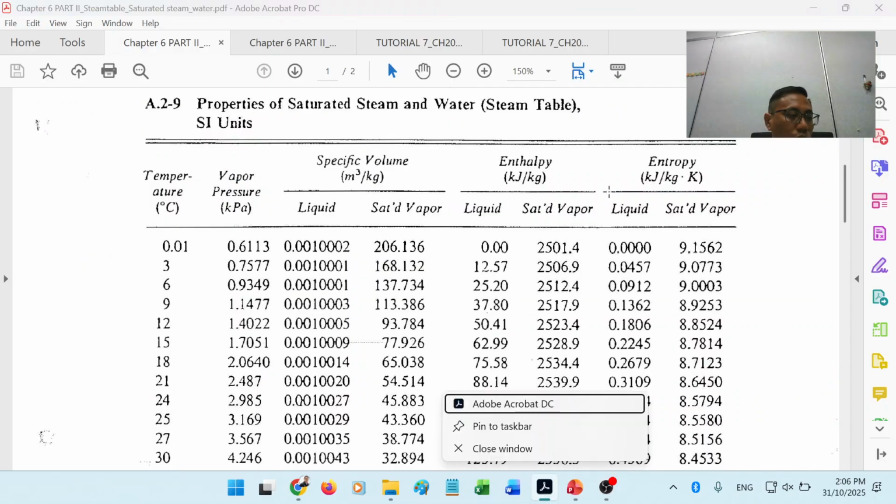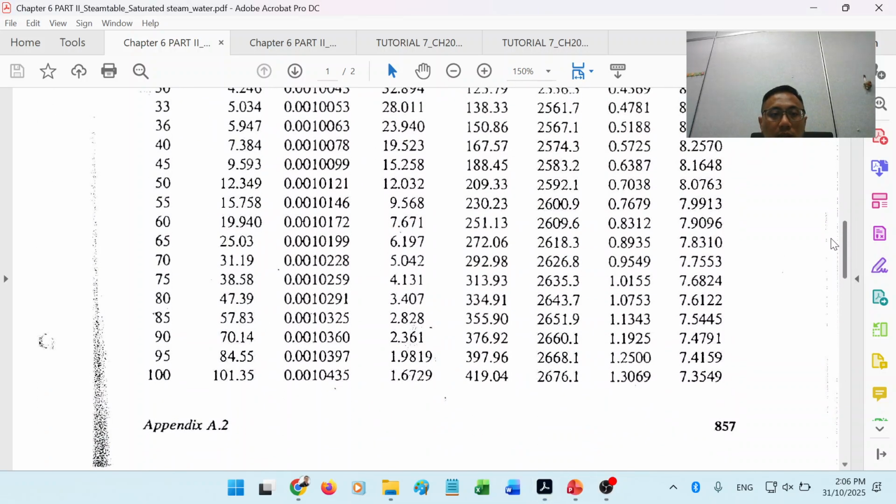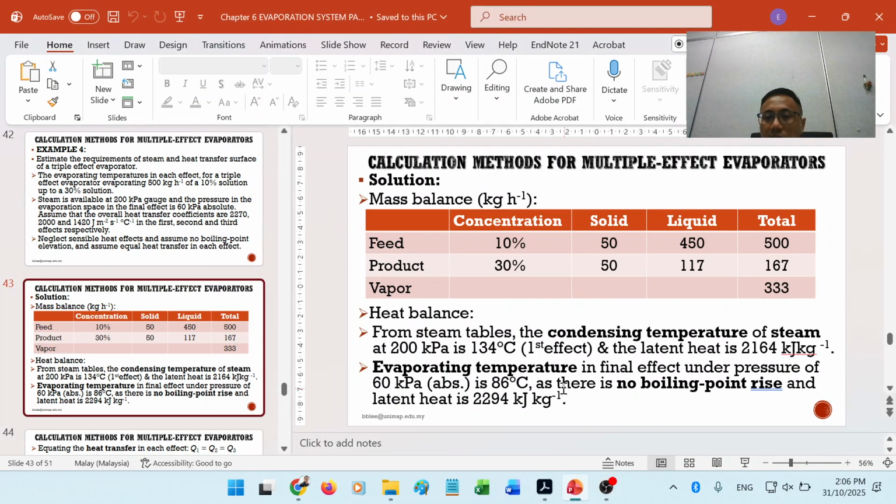We go to 60 kilopascal. 60 kilopascal is somewhere between here, so it's around 86. You calculate by interpolation, you get 86. And then from here you interpolate again and subtract, so we get the value of 2294.